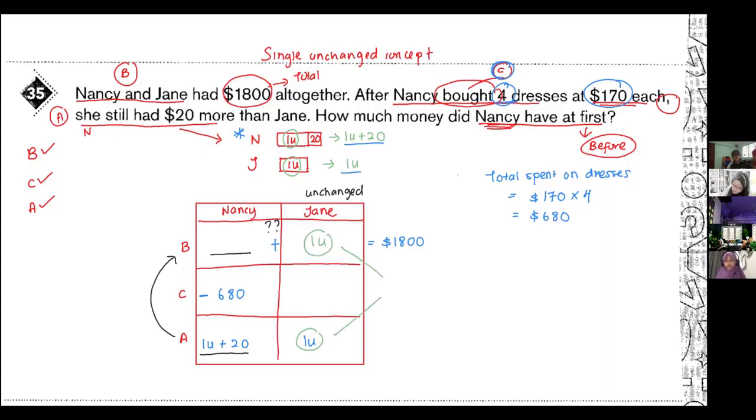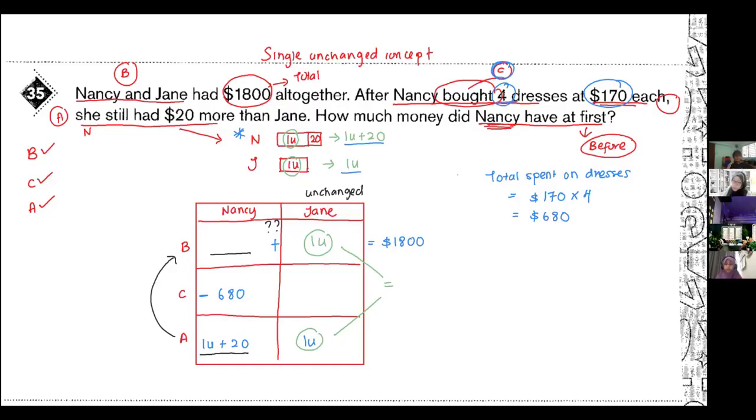Because she is unchanged. Whatever she had at first before, she will also have it in the end. Okay? So it is the same because Jane did not spend any money. It makes sense, right? If you don't spend any money, whatever you have at first and in the end remains the same. Okay? So now I have Jane already good. So I have to work for Nancy. Nancy's before is the one that is blank.